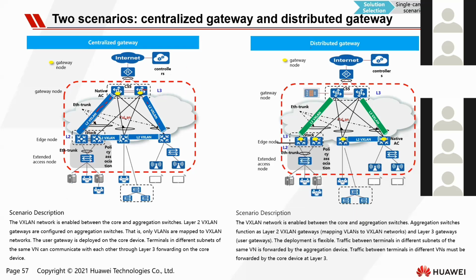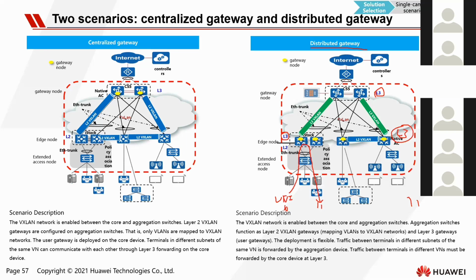For the distributed gateway scenario, we have the Layer 3 gateway deployed on the border and also on the edge. Instead of only the border, the gateways are distributed across the edge. Again we have VNI 10 and VNI 11, and here also 11. Now if VNI 10 wants to communicate with VNI 11 and they are connected to the same switch, instead of going through the core border, it will go directly through our edge and communicate with VNI 11.